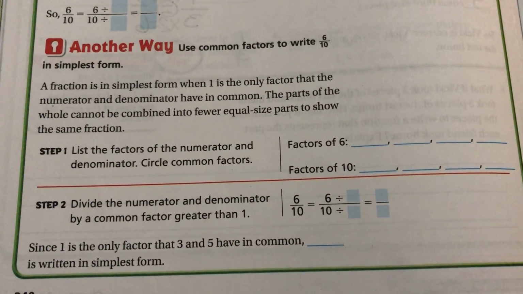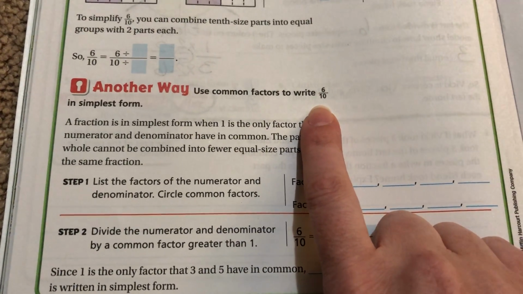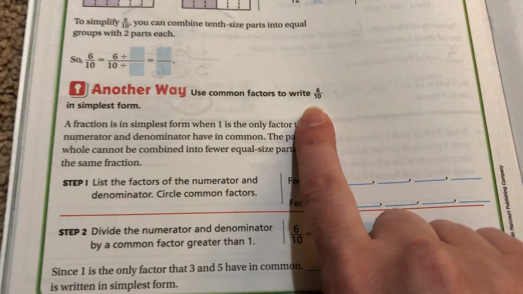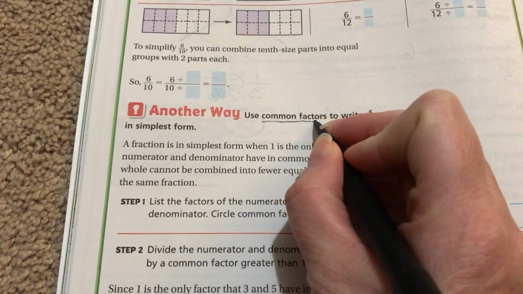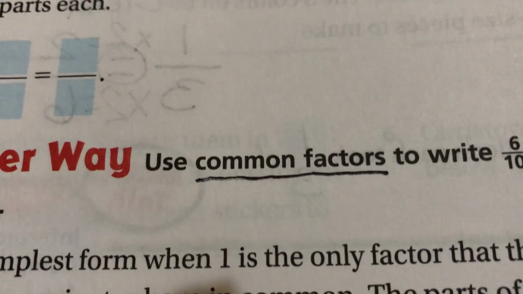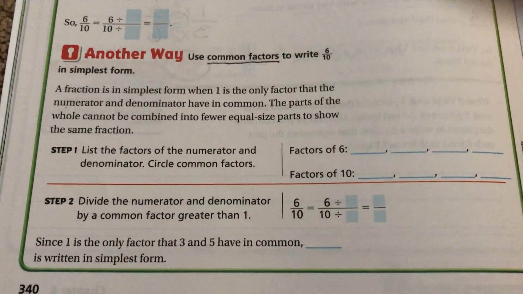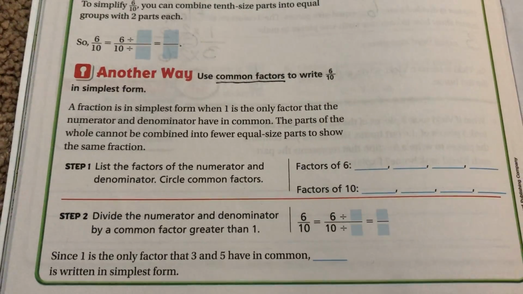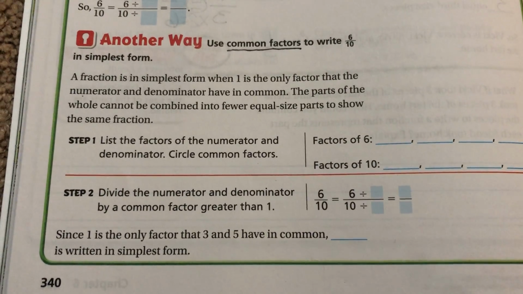They want us to use the fraction 6/10, right there, and write it in simplest form. But to get there, we're not going to draw a picture. We're not going to draw a diagram. We're going to use common factors. Remember those? We have to know the factors of our numbers to be able to simplify fractions a little bit easier.